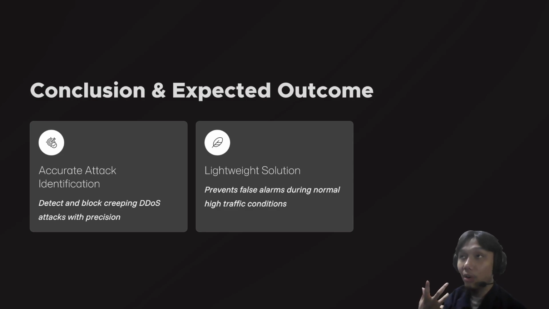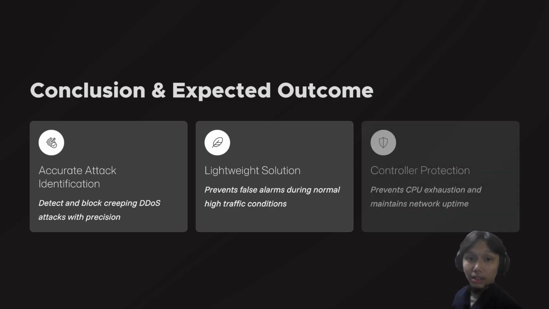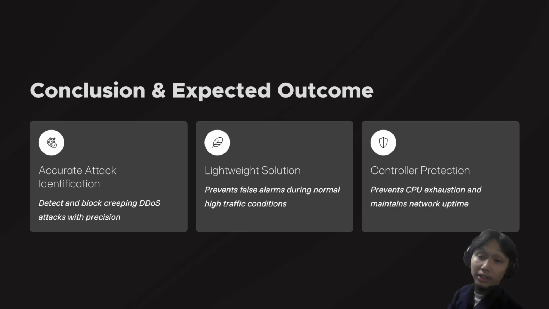Like I said before, during a sale, a false alarm would block customers from accessing the website during the high period. And finally, controller protection, which prevents CPU exhaustion and maintains network uptime. If this problem is solved, the CPU exhaustion problem can be solved because there are fewer DDoS attacks.